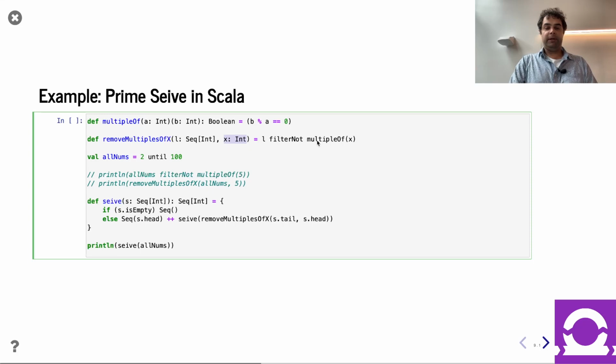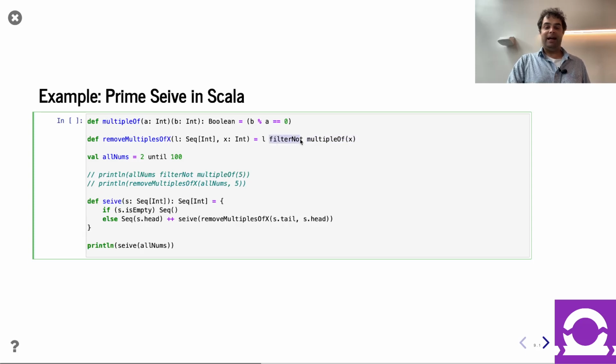So how are we doing that? Well, we have this predicate which, if we give it the first argument, it's going to get locked in there. So multipleOf with x is going to be a function that returns true if the number is evenly divided by x and false otherwise. So that's going to be true if something is divisible by x.